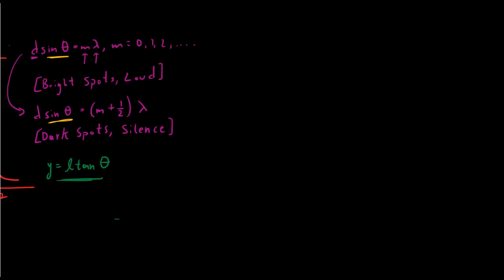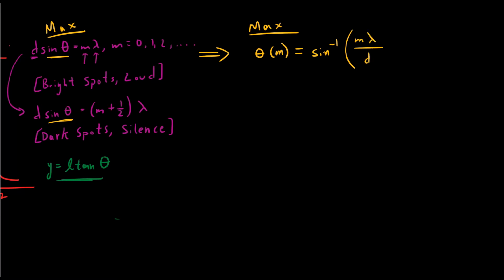We just have to take our equation that represents all of our maximas over here and rewrite it as so. We write it as theta as a function of m, arcsine of m lambda over d.